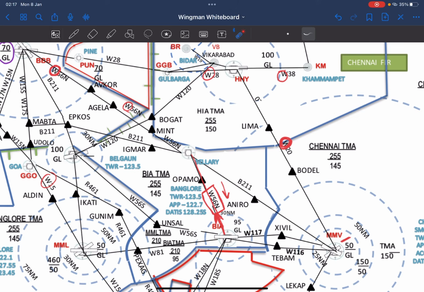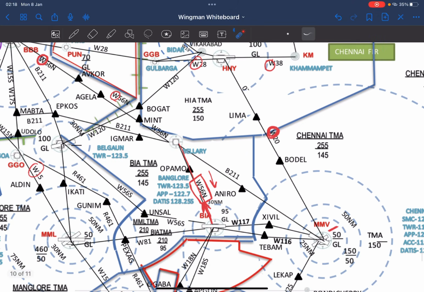I can just say that I'm going to fly from Mike Lima directly to Opamo. From there, I'll fly to Bellary. From there, I'll take Whiskey 56 north to Mint, then to Agela, then to Avacor, all the way till Bravo Bravo Bravo.